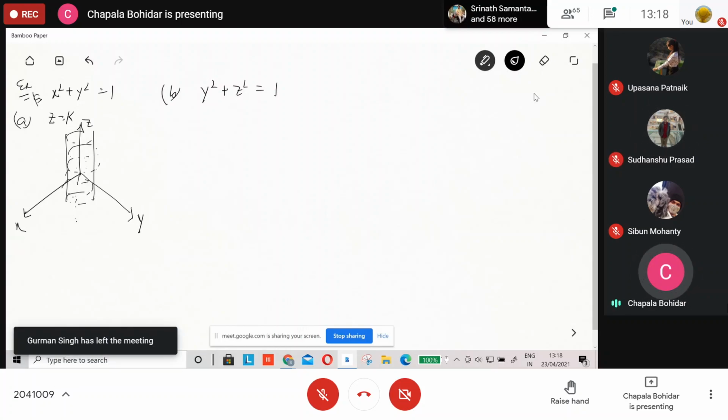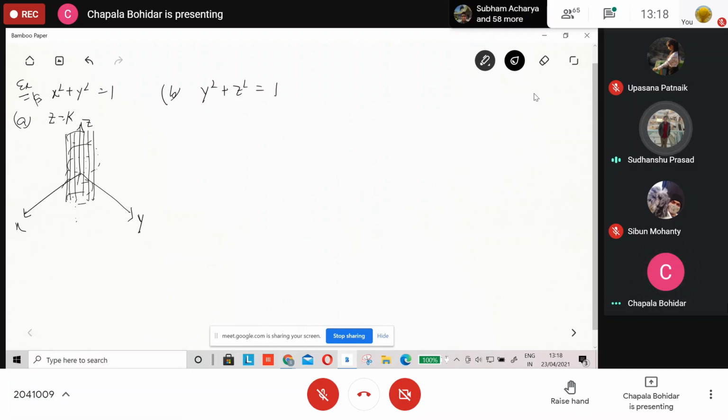And the ruling lines are parallel to the Z axis. So first point, the ruling lines are parallel to the z axis. They form a cylinder, a circular cylinder.